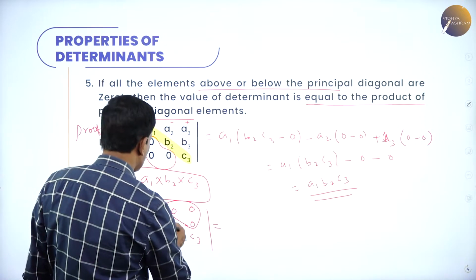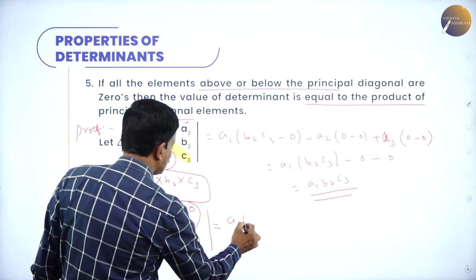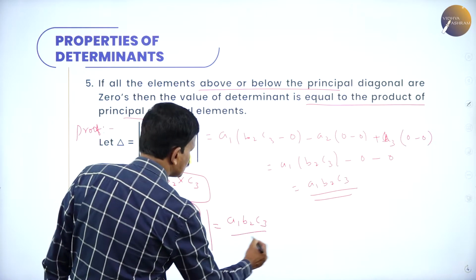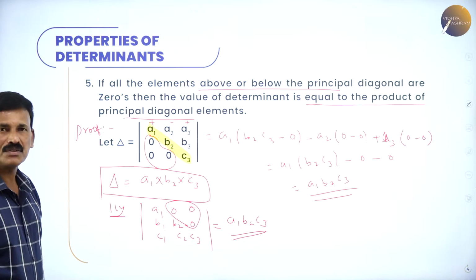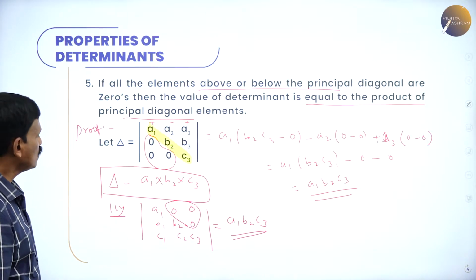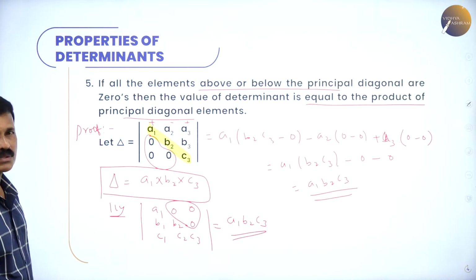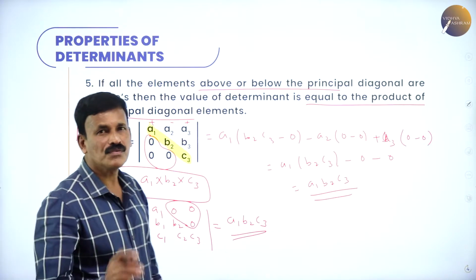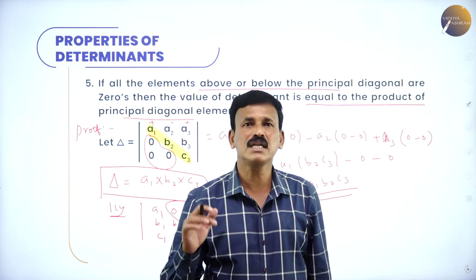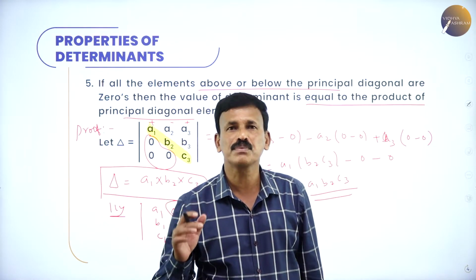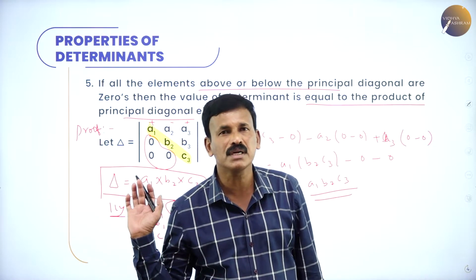So this is also equal to the product of the principal diagonal, a1, b2 and c3. Same answer you will get. So this is a very important property. Now let us take an example based on this property. The property is, if all the elements above or below the principal diagonal are zeros, then the value of a determinant is always equal to the product of the principal diagonal elements.